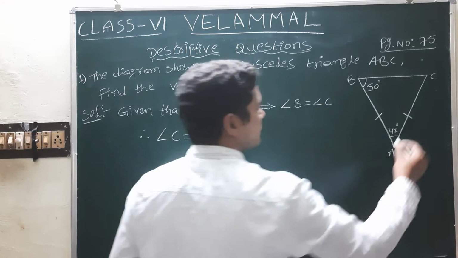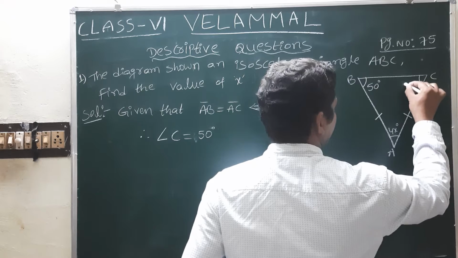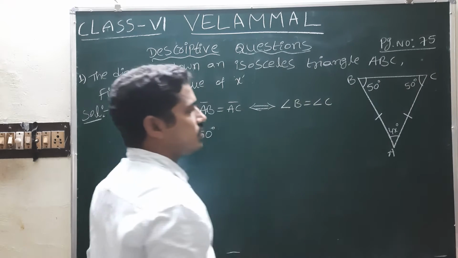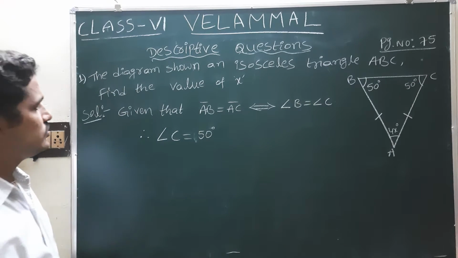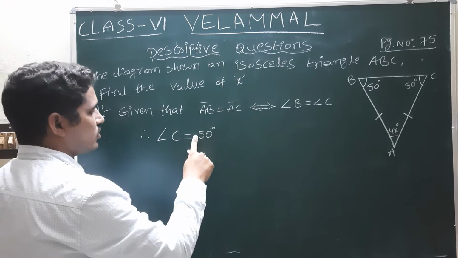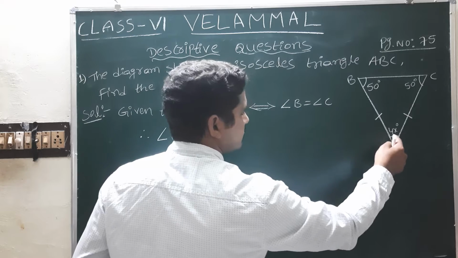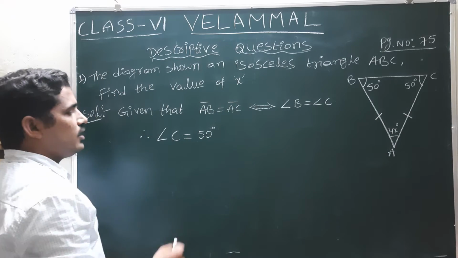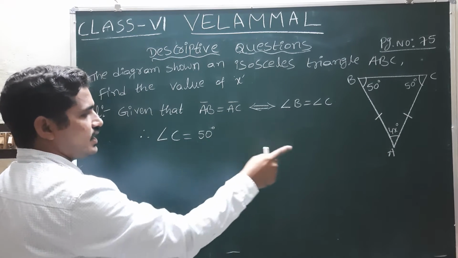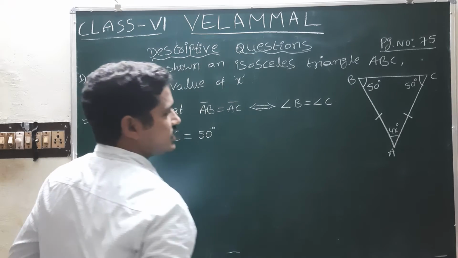So we got angle C. That's all for that part. Now we need to find the x value. Here angle B and angle C are known, and angle A is given as 4x degrees.